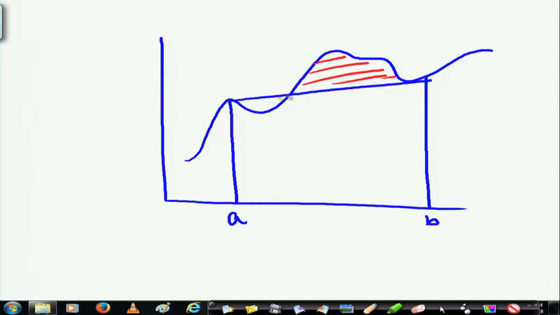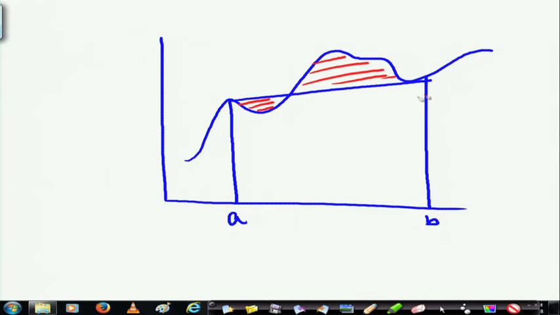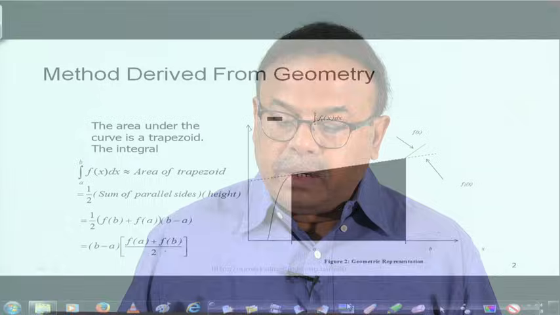I am over considering these points, so the error will be more. So, it is not always the case that one single trapezoid will solve it, but let us start with that and try to understand how we can go ahead with the problem.